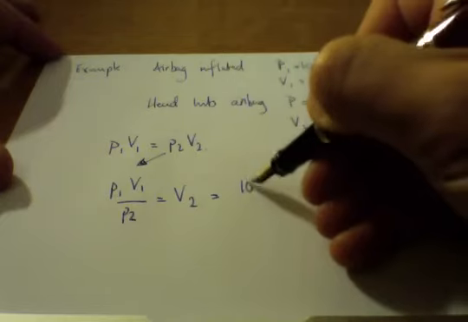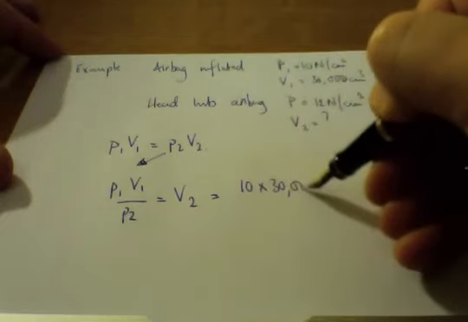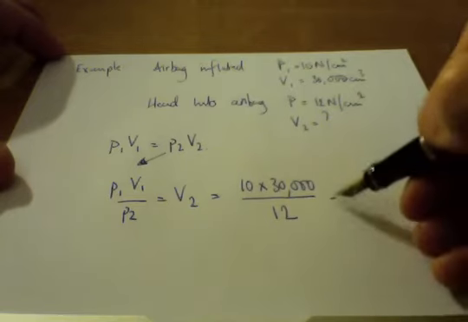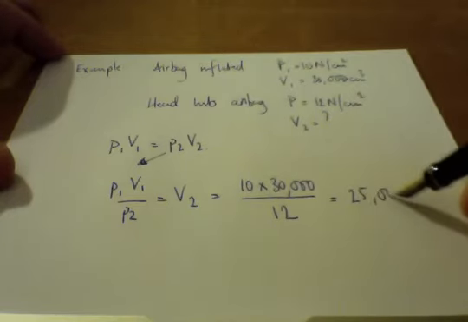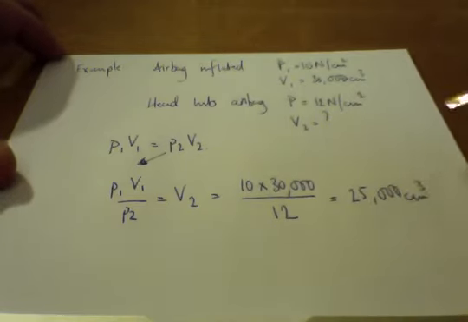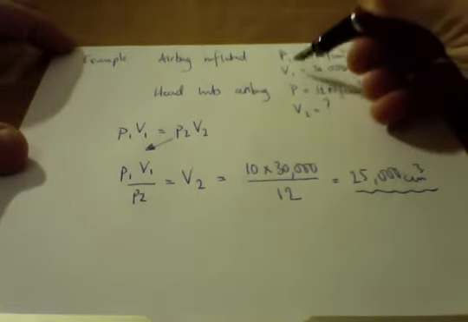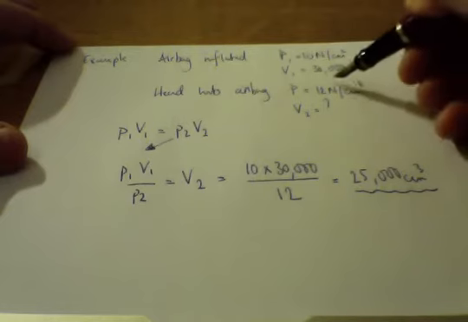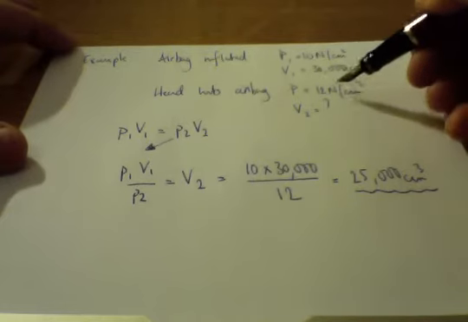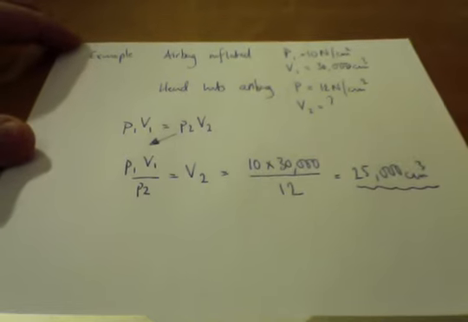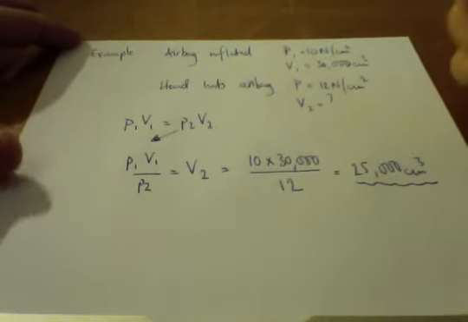P1 is 10 times 30,000 divided by 12, and that gives us 25,000 cubic centimetres. Does that make sense? Well, yes. As I've hit the airbag, you've increased the pressure, which must have caused a reduction in the volume. You squeeze the airbag to make it higher pressure.